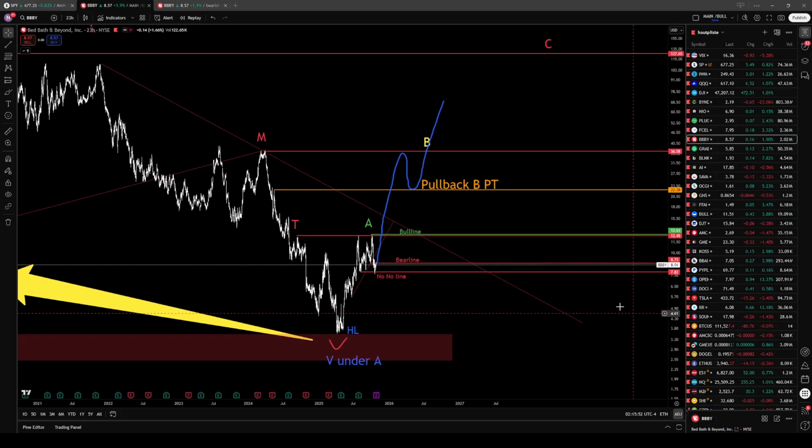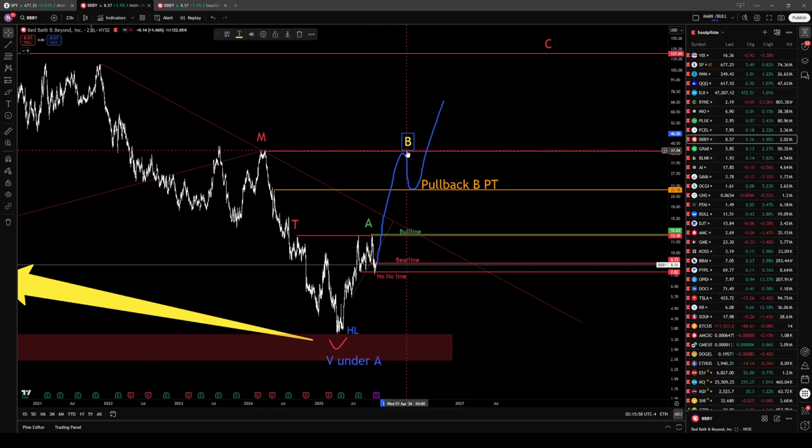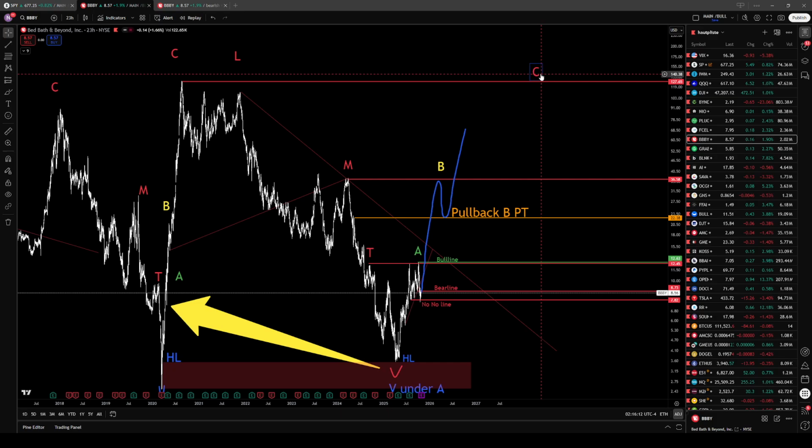For price targets, again, A is already in at $12. Your B peak, your B price target, would be $36-ish, a little bit over it, under it, or on the line. Then your pullback would be $22. And then the only question is breaking C or rejecting C.